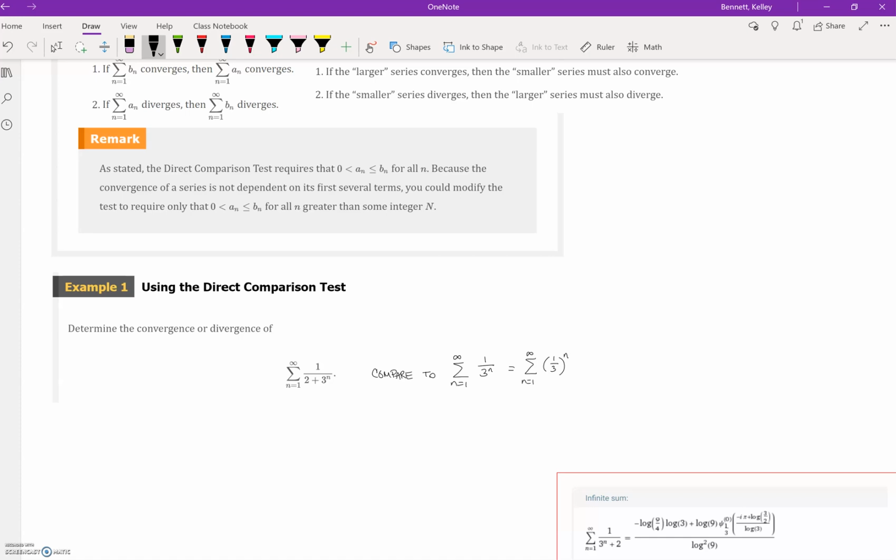And this is a known convergent geometric series with r equaling 1/3.